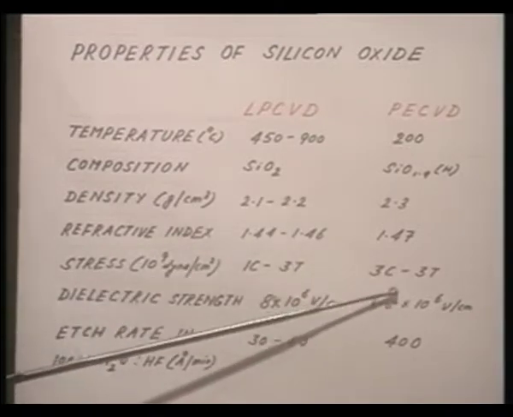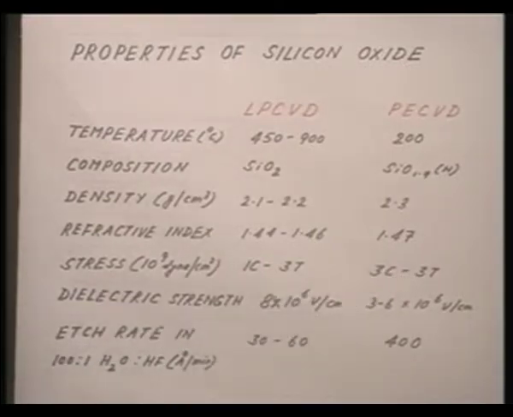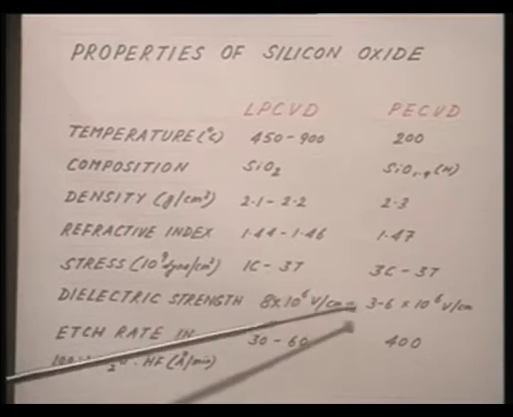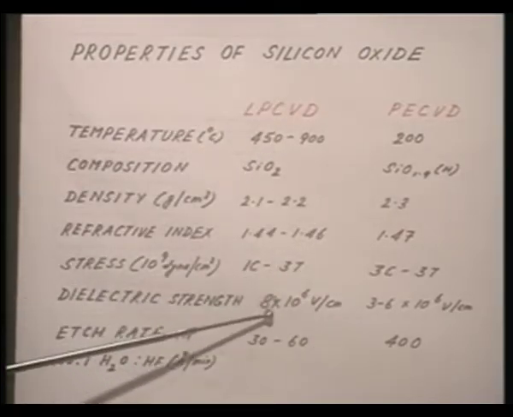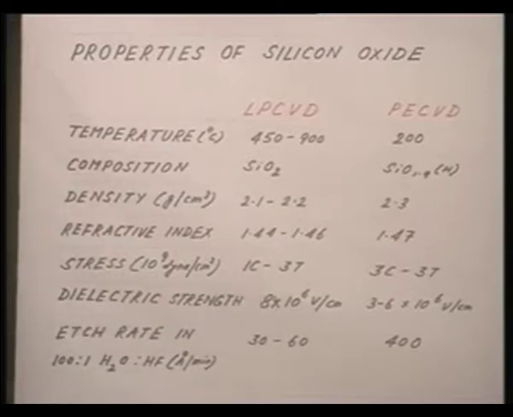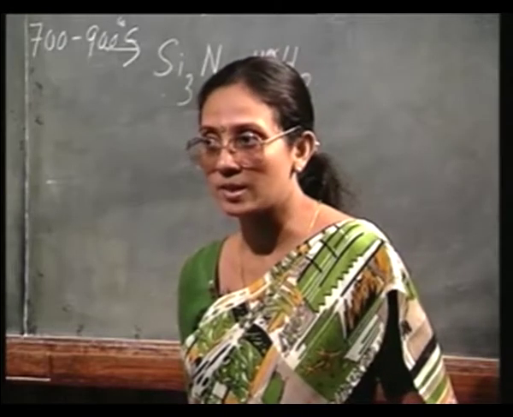Stress in general is higher in case of plasma enhanced chemical vapor deposition process, and dielectric strength is lower. For LPCVD, dielectric strength is 8 into 10 power 6, very close to the dielectric strength of thermal oxide, which is 10 power 7 volts per centimeter.